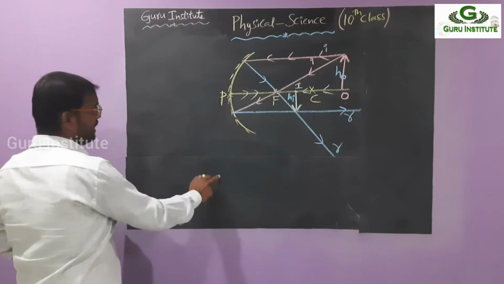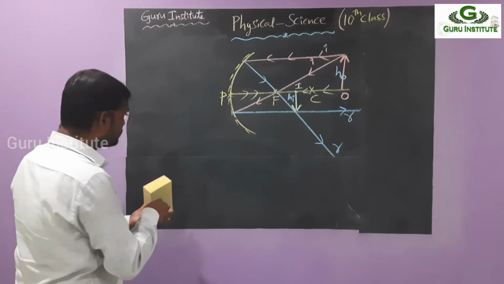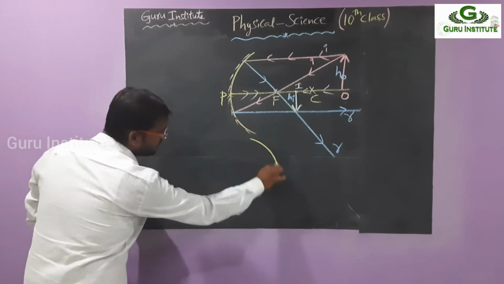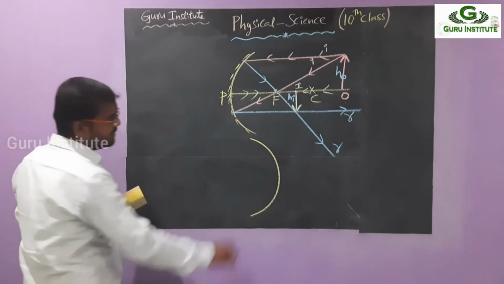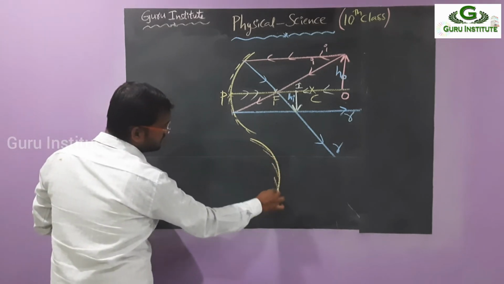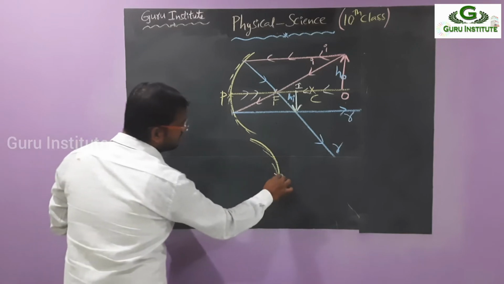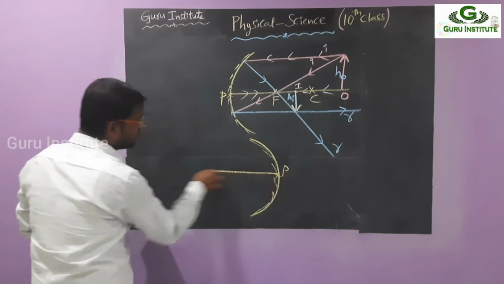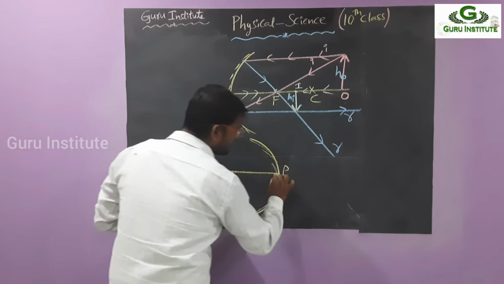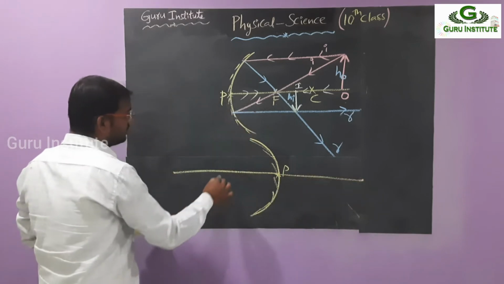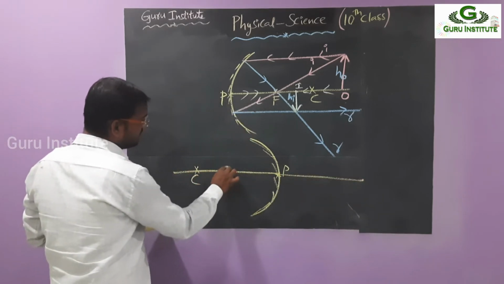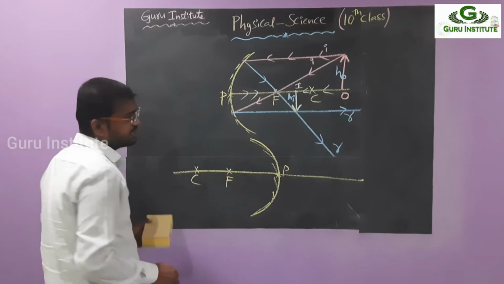So we have to draw it simply. This is the surface, with shading, then the pole, then the principal axis. We have to extend it to the front direction. Then the center of curvature, then the focus.